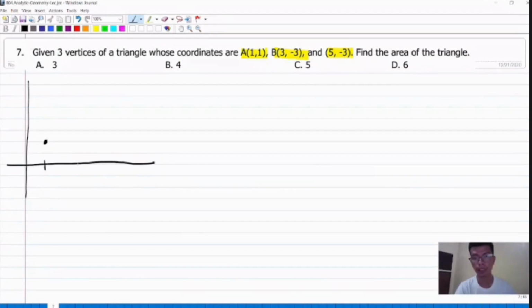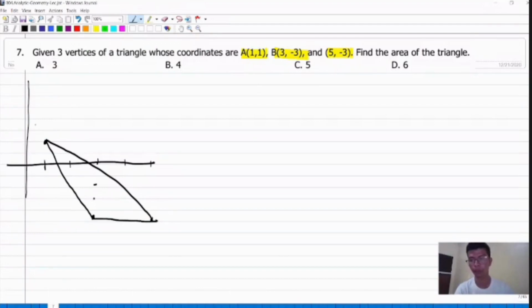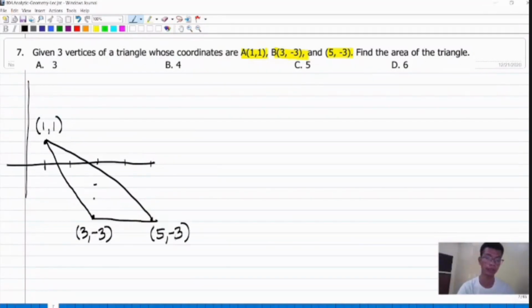Point B is (3, -3). The third point is (5, -3). So this will be our triangle: (1, 1), (3, -3), and (5, -3).